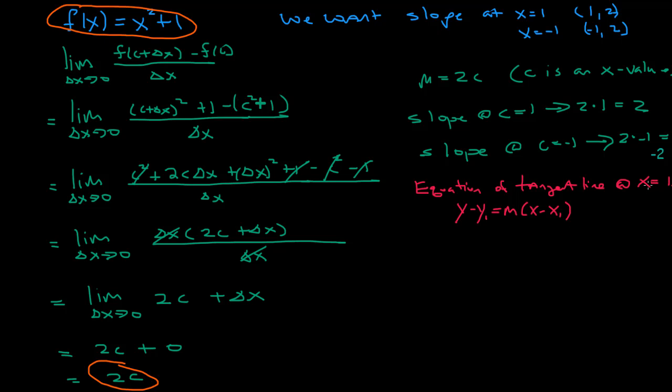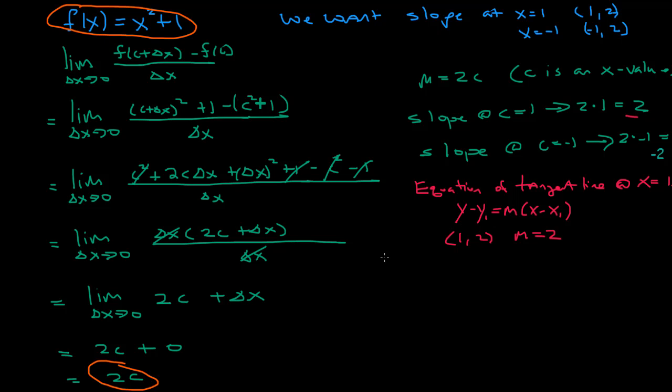So what is our y value here? Well, our y value is 2. We were given that in this case. A lot of times we won't be given the y value, so we will have to go to our original function to find the y value here. But so we have the point 1, 2, and m equals, we said, 2. So apply the point-slope form.